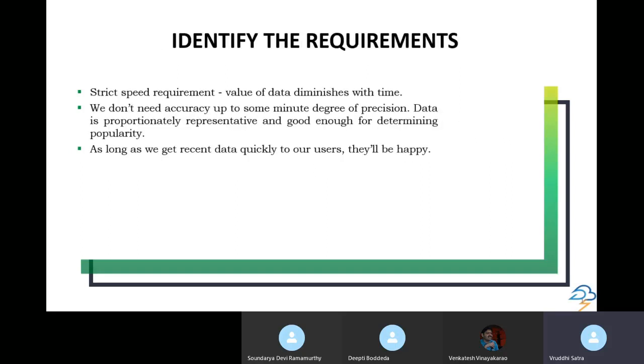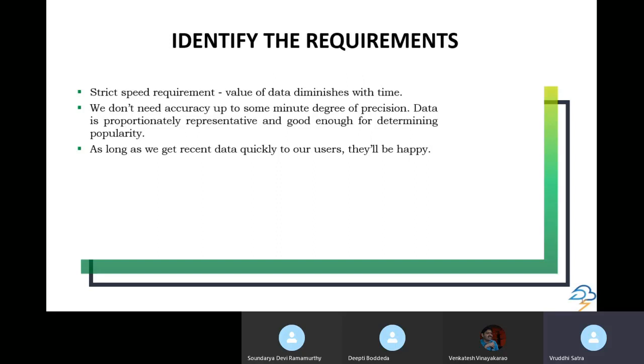Next, we want to identify the requirements which our solution should fulfill. Our core need is to give our users output in real time. The value of our output will diminish over time. There is no point in giving what was the popular bar 3 hours ago, because that's not what the user wants at all. So we have a very strict speed restriction here.